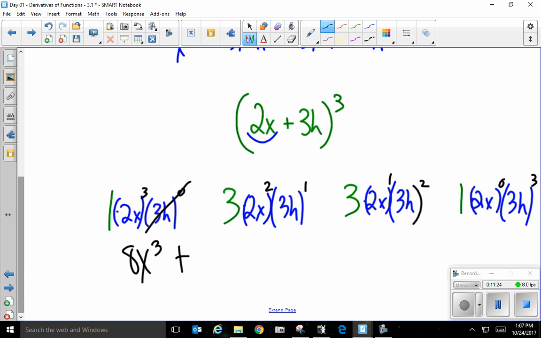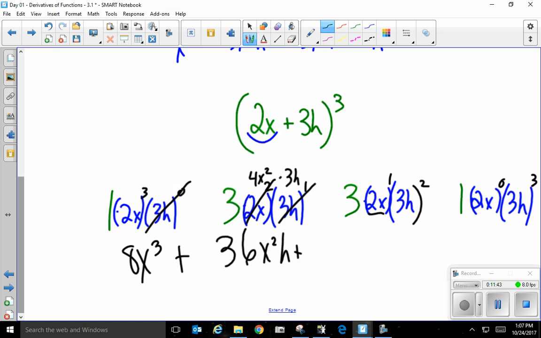Okay, 3. 2x squared, well, that's 4x squared. Then 3h. 3 times 3 is 9, times 4. I squared my 2x. 2x times 2x is 4x squared. So I get 36, and I have an x squared and an h. Then this is just 2x.